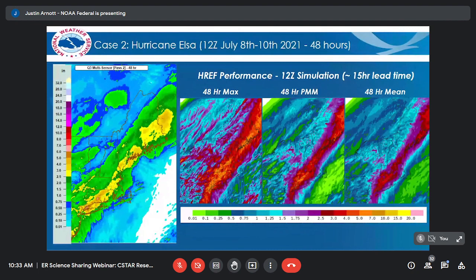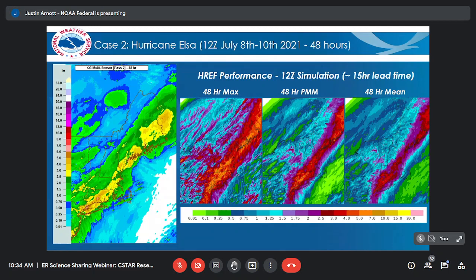Moving on to the second case study, and this is a tropical case study, Hurricane Elsa, July 2021. On the left-hand side, you can see the MRMS 48-hour precipitation estimate. You can see the swath of 2 to 4 inch totals from Long Island all the way to down East Maine.